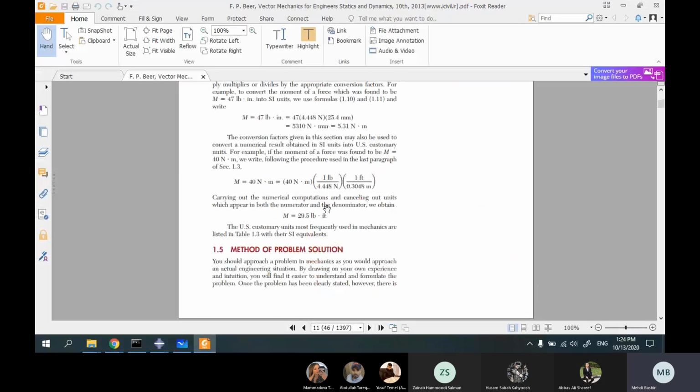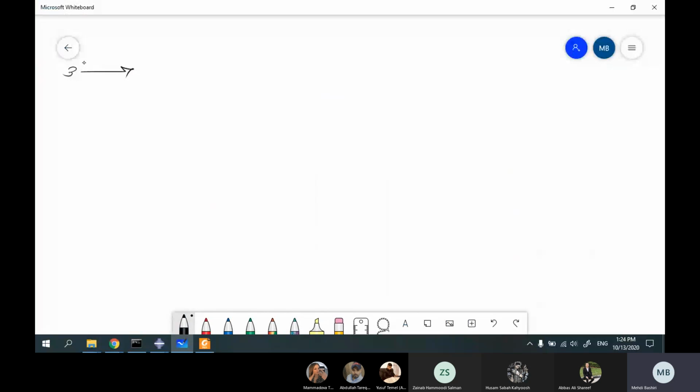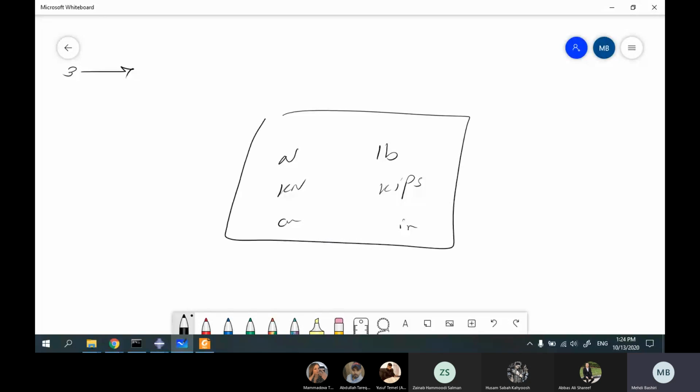Before talking about this part, I think you know the forces and the units from the physics, yes? Newton, for example, pound, kilonewton, kilopound, or kips, centimeter, inches. You should know it, and I think you know it from the physics.